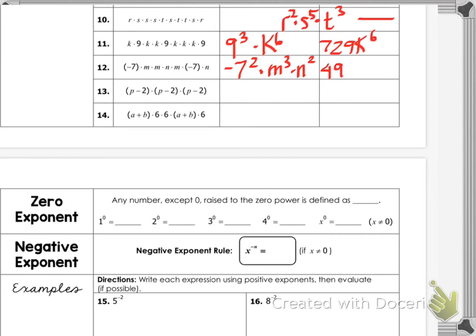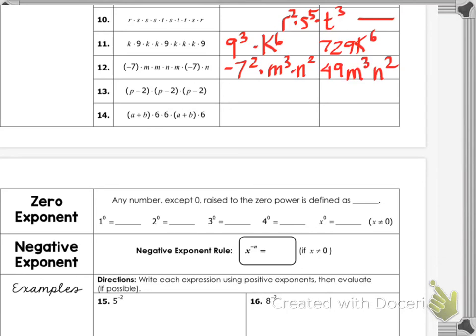Remember, negative times a negative is a positive. So we're going to end up with 49 m to the 3rd power, n to the 2nd power. And if we remember, or as we move forward, when we write things in standard form, we write them according to the degree, so the exponent. So the 3 would come first, and then n to the 2nd power would come second.